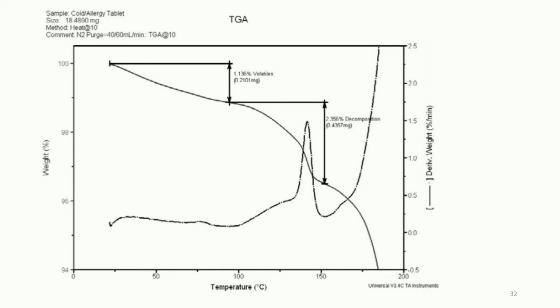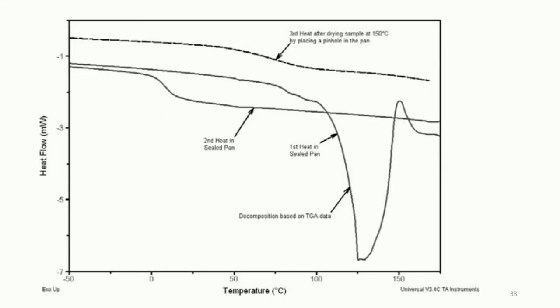Here we can see the TGA curve of this sample. The endothermic peak between 100 and 150 degrees Celsius could easily be misinterpreted as a melt if it were not for the TGA data.